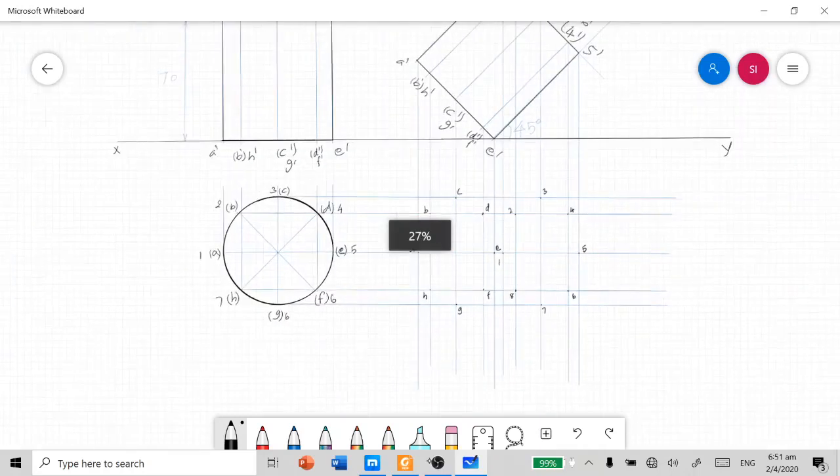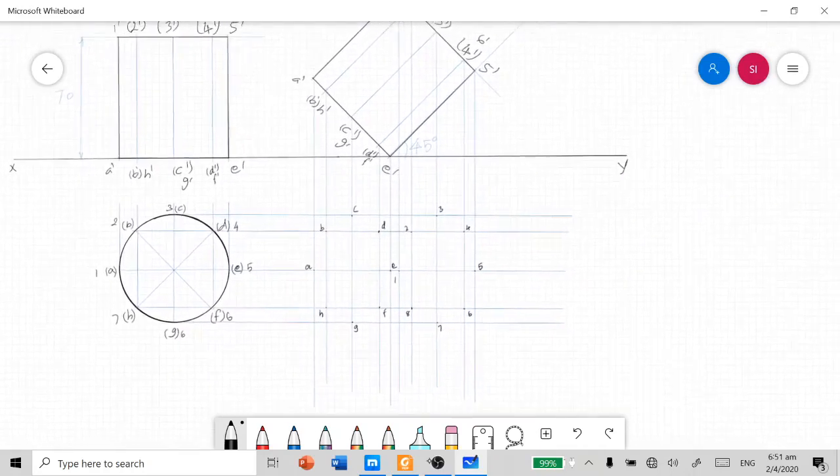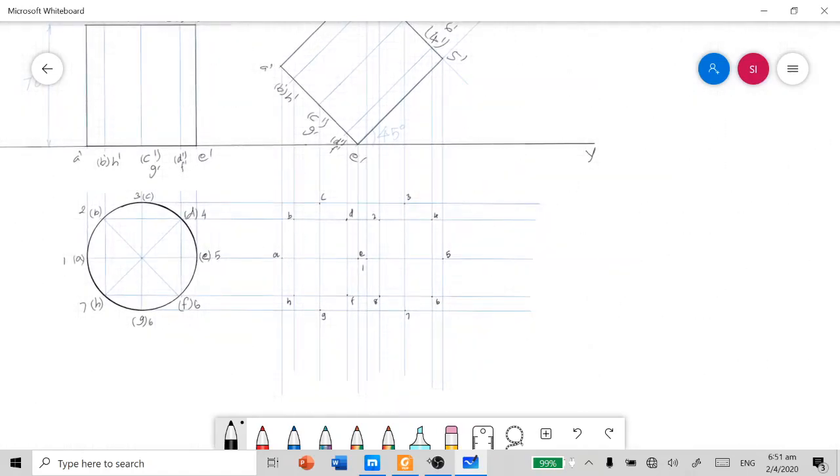Now, in this cluster of points, as per our regular rule, we can connect and complete the points.